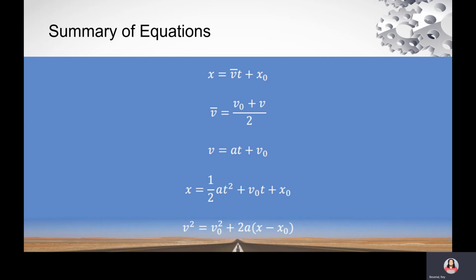And then yung ating another formula para sa final position is 1/2 AT squared plus V sub OT plus X sub O. And then yung ating another formula sa velocity. So velocity squared is equals to initial velocity squared plus 2A times open parentheses, final position minus initial position. Okay.